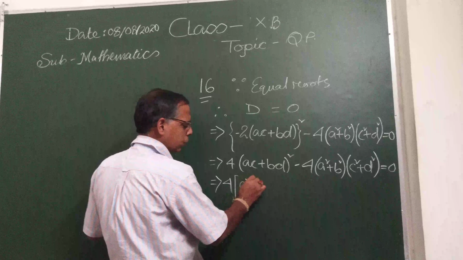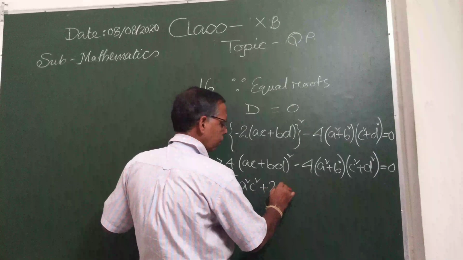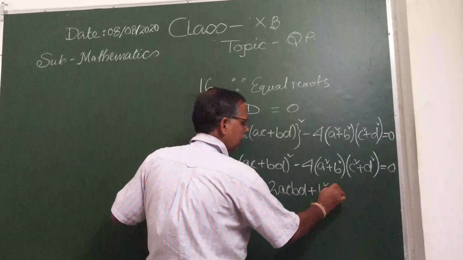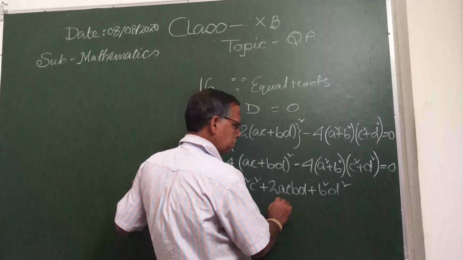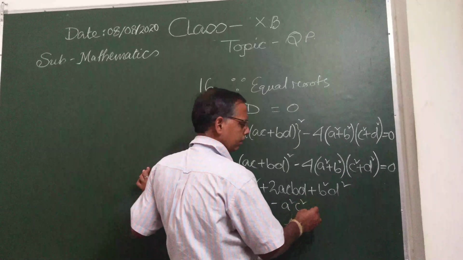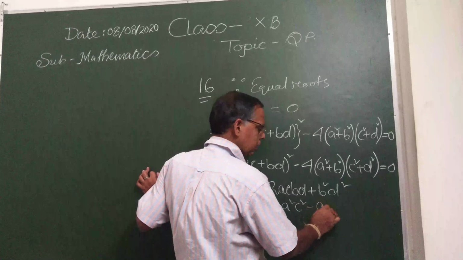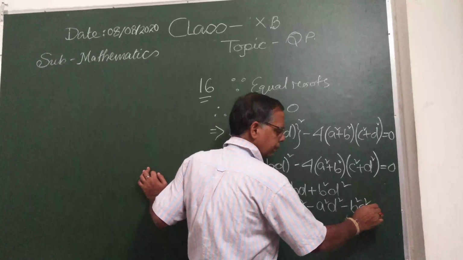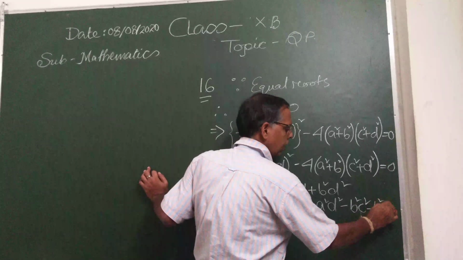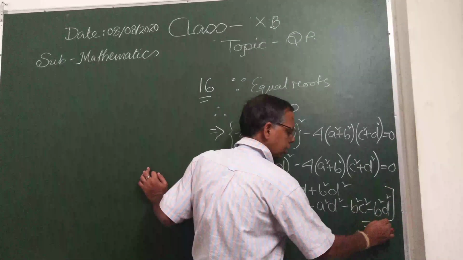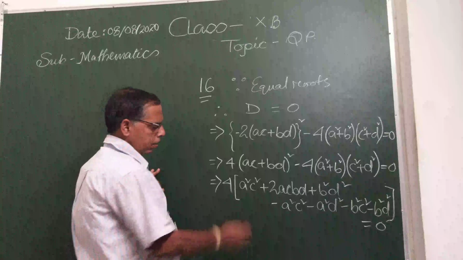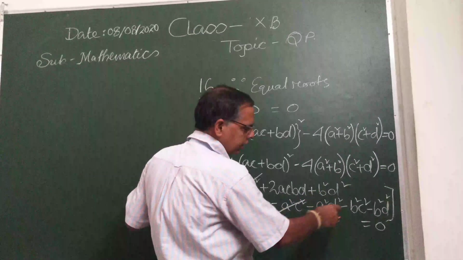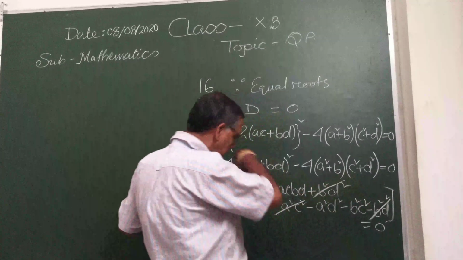If 4 common, then A square C square plus 2ACBD plus B square D square minus A square C square minus A square D square minus B square C square minus B square D square, bracket complete, equal to 0. Then you see A square C square minus A square C square cancel, B square D square, B square D square cancel.